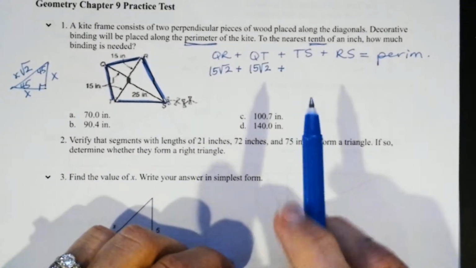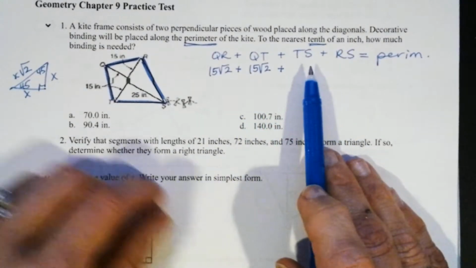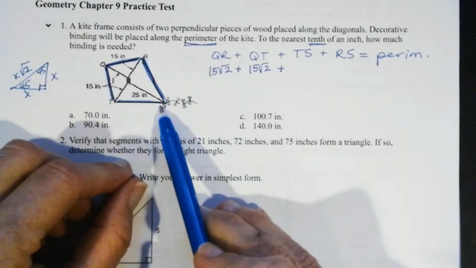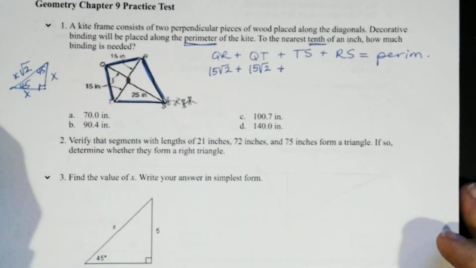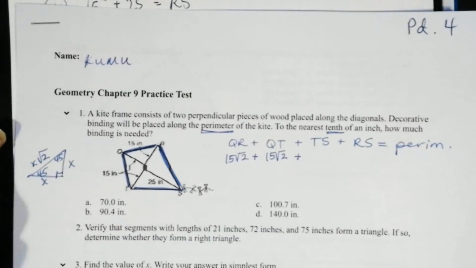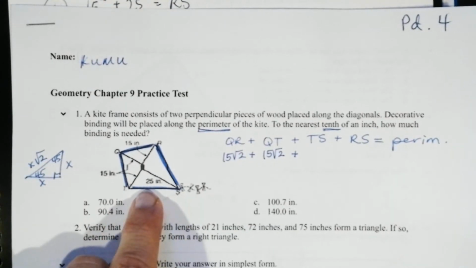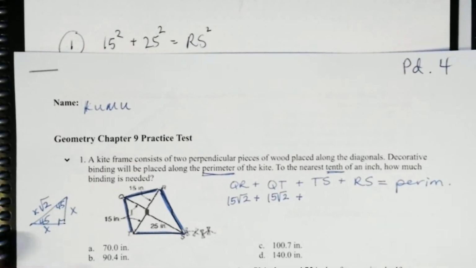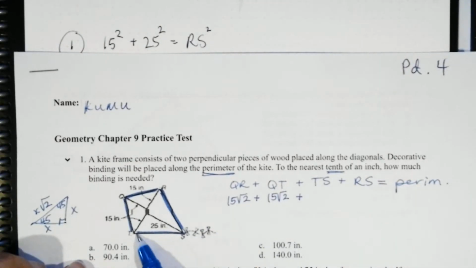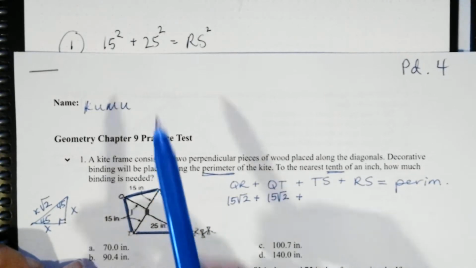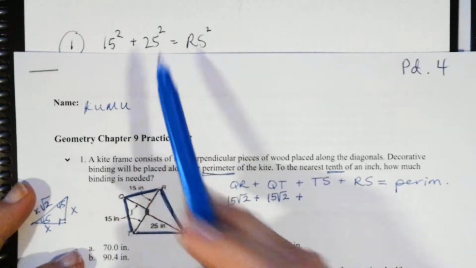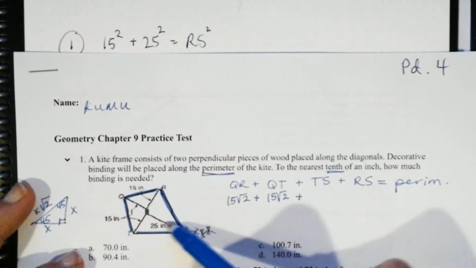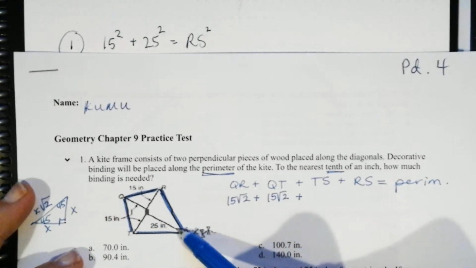Now, on the perimeter here, I've got TS and RS, and those sides, I need to know the hypotenuse, okay? So what I did is I found the slant, TS, by using the Pythagorean theorem, because this is 15 and this is 25.